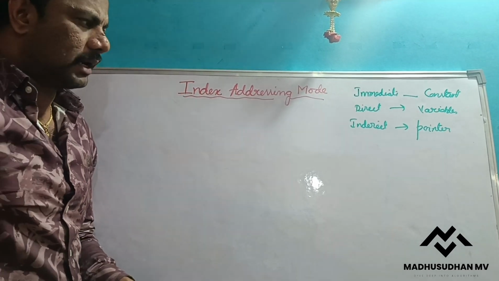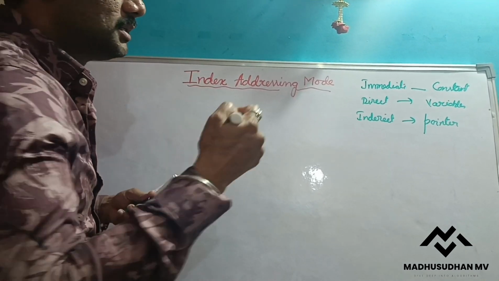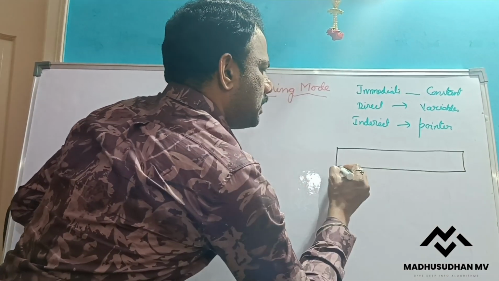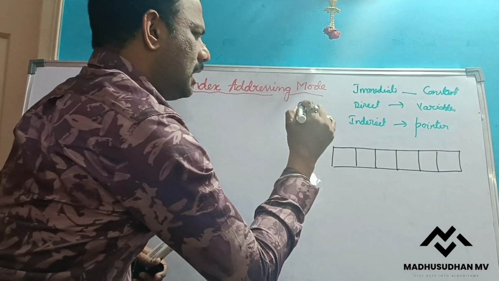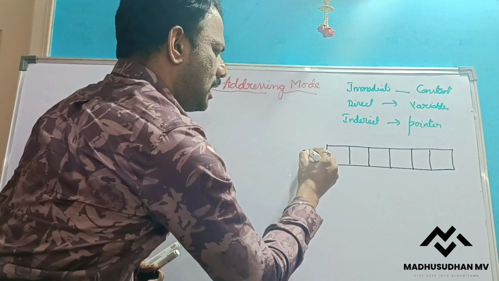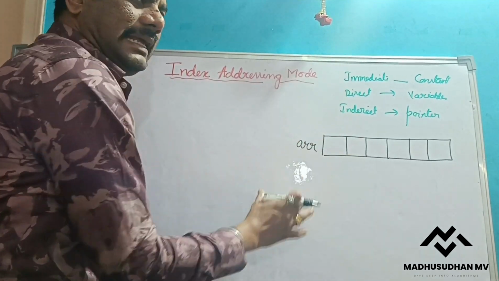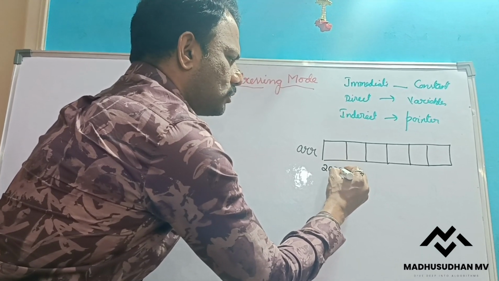We know the array concept: an array is a collection of similar elements in a contiguous manner. Let us take one array which contains 6 elements, with the array name ARR. Assume it is an integer array, and the starting address of this array is 2000.